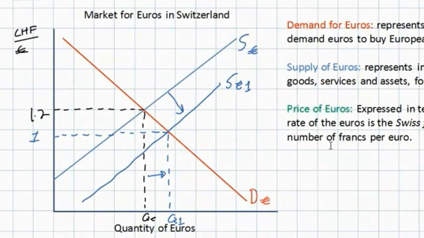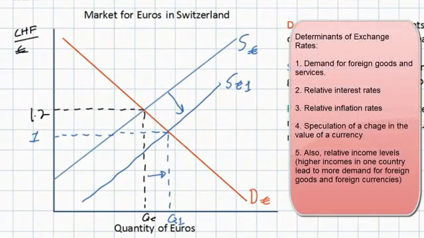For example, if Switzerland had higher interest rates, then European households and investors would want to start saving their money in Swiss franc assets. Therefore, they would supply more euros and demand more francs in the market for francs in Europe. On the other hand, if the inflation rate in Switzerland were lower than it was in Europe, then Europeans would begin supplying more euros in order to buy more Swiss goods, which appear relatively cheaper.